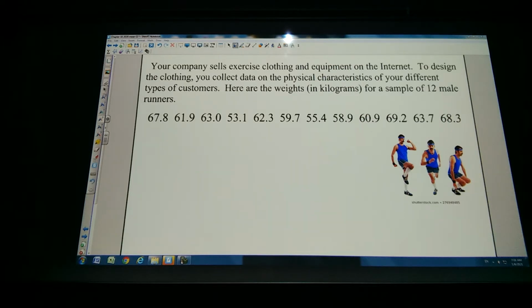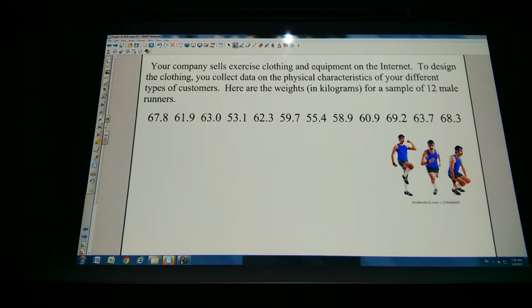You're trying to figure out how big you should make your clothing. So you take a sample of 12 runners. Let's suppose that it is random runners, and here's 12 of them.